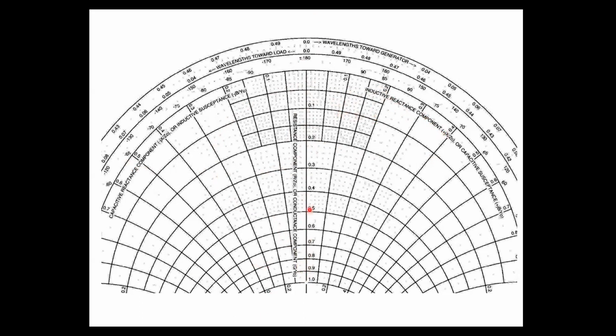The resistive component goes this direction. These curved lines represent the inductive reactance component, or what's known as the capacitive susceptance component. I'll get a little more detail on that in a second. On the opposite side, you've got the capacitive reactance component or the inductive susceptance component. Notice how they're just on exact opposite sides of the resistive line.